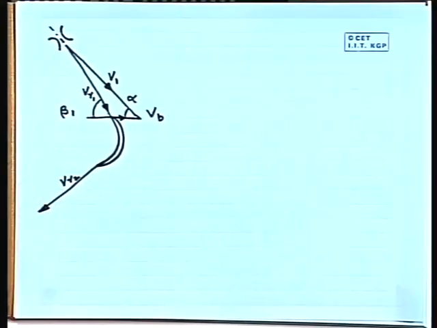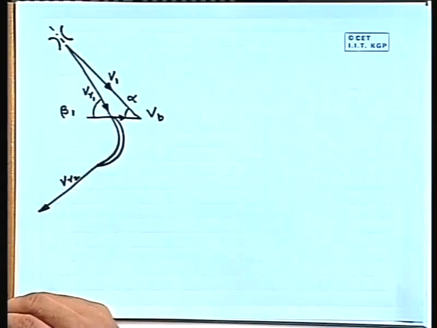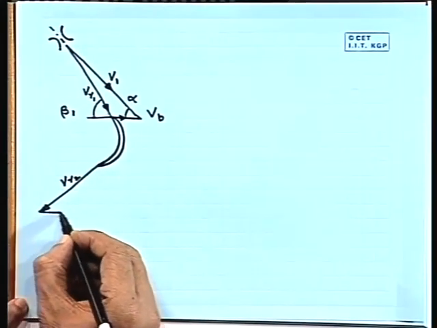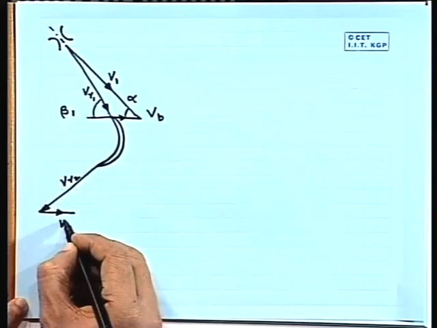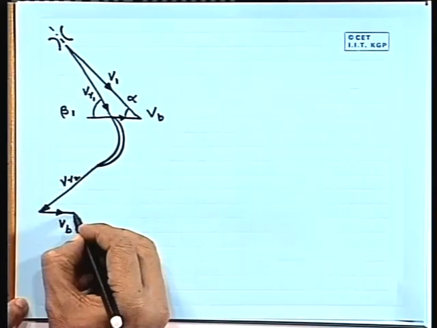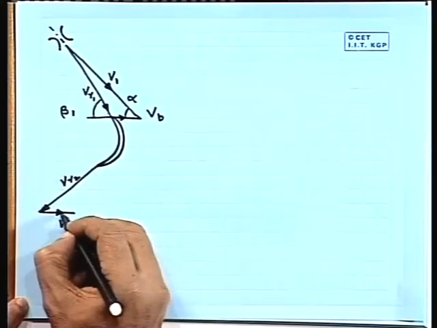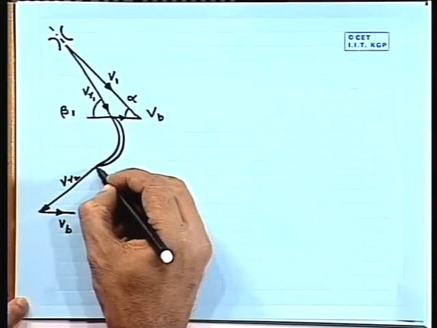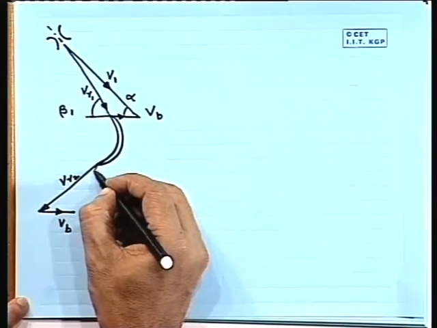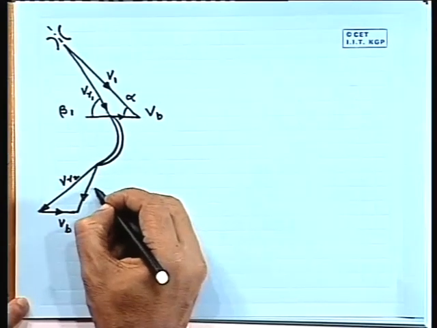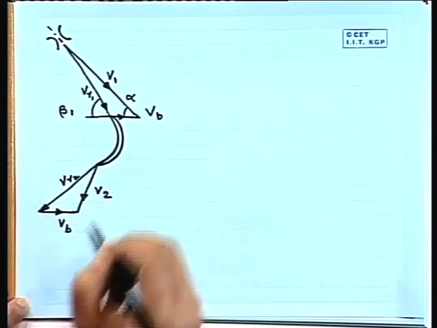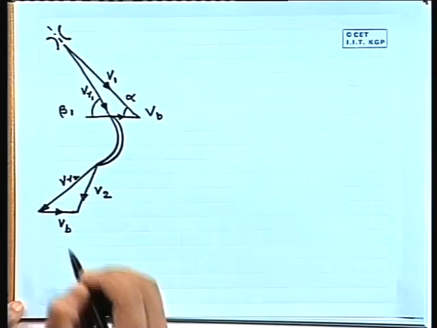Again, Vr2 is the relative velocity at the exit, and it is tangential with the blade at the exit. Then we will have the same magnitude and direction for Vb, that is the velocity of the blade in the direction of rotation, and joining these two we will get the absolute velocity at the exit, that is V2.